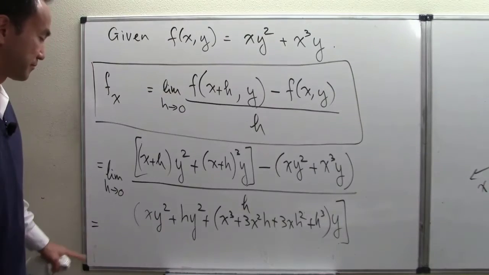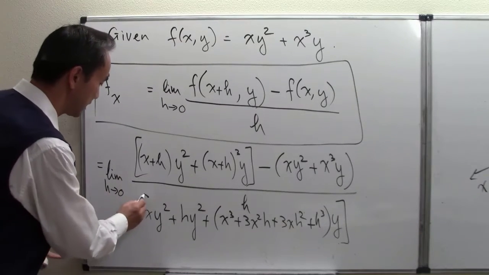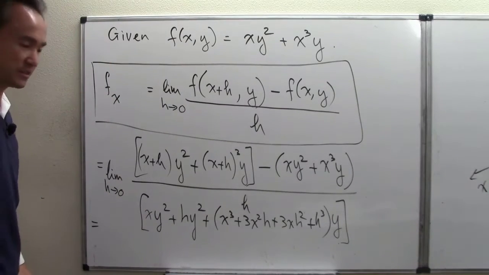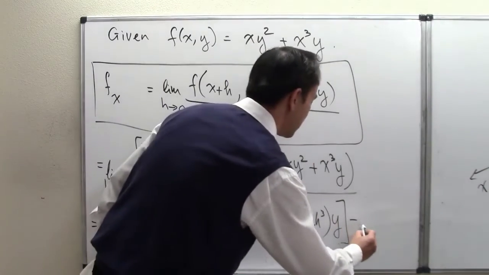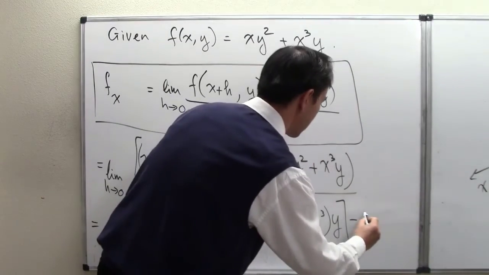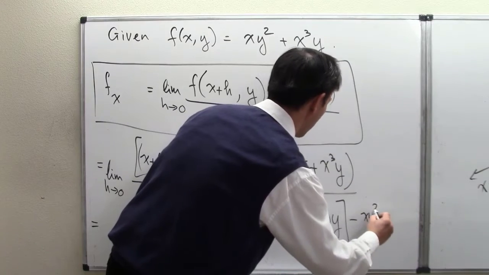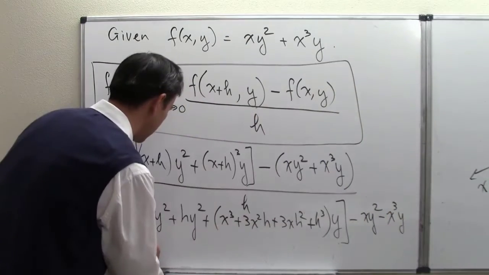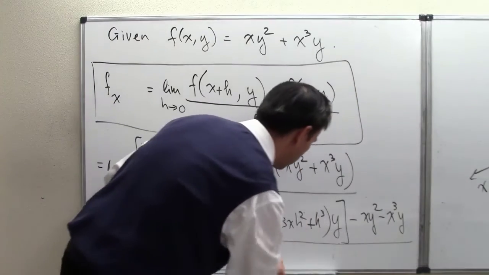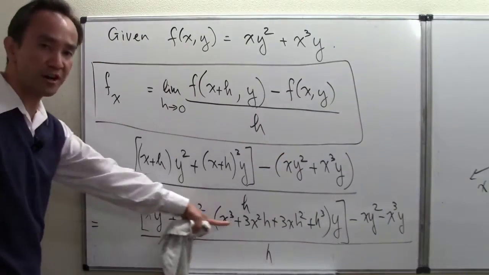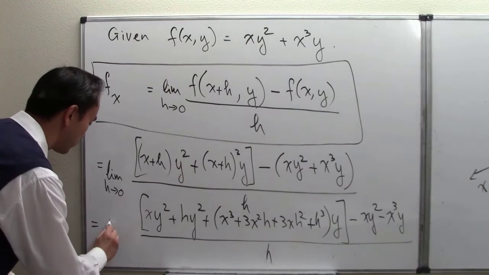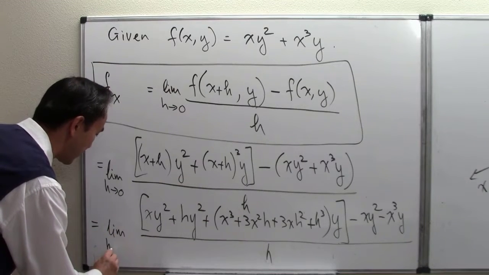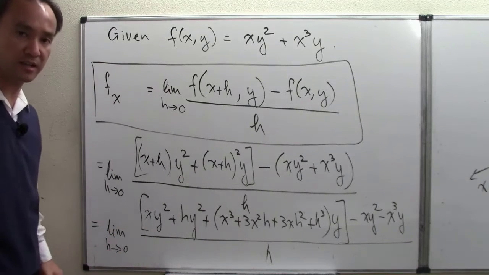Should have used brackets here. And then I'm going to subtract, and the sign change is going to happen: x y squared minus x cubed y. So that's how I'm going a little further into the numerator of the quotient. And of course, I have to indicate the reminder here that in the end it's a limit problem.